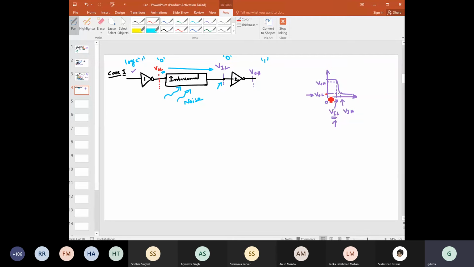VOL is this, and VIL is this. You see there is a good amount of difference in the magnitude of these values. So the difference between these two is the maximum amount of noise that this circuit can tolerate without malfunctioning. So is it clear?